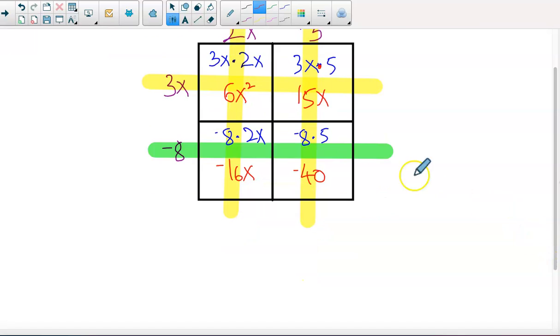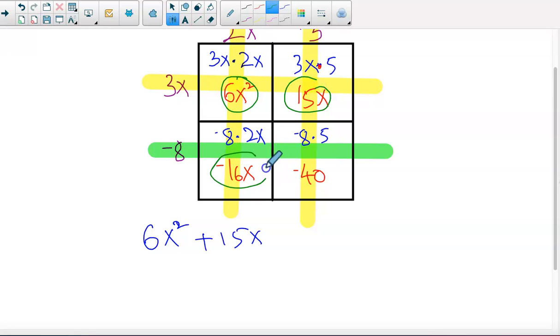Right? So we got 4 terms, like the first, outer, inner, and the last. All the 4 boxes are simplified, and put them all together, starting from the first. 6x square plus 15x, then minus 16x, and minus 40.